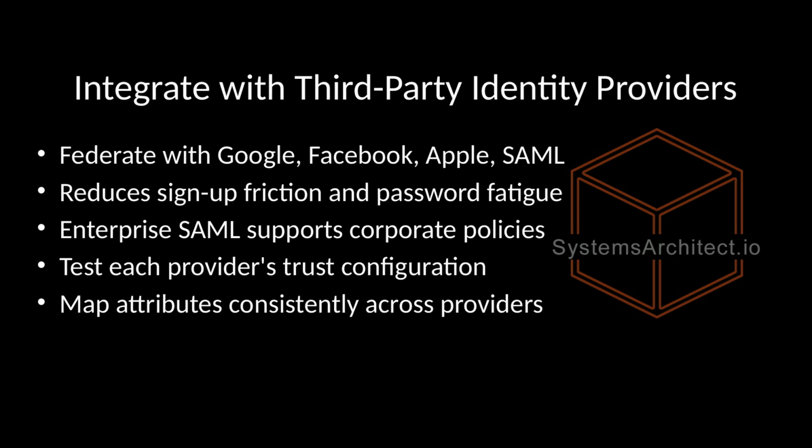5. Integrate with third-party identity providers. Forcing users to create yet another password is a common source of drop-off during sign-up, and integrating Cognito with third-party identity providers removes that friction entirely, supporting Google, Facebook, Apple, and any SAML (security assertion markup language) or OpenID Connect compatible enterprise system.